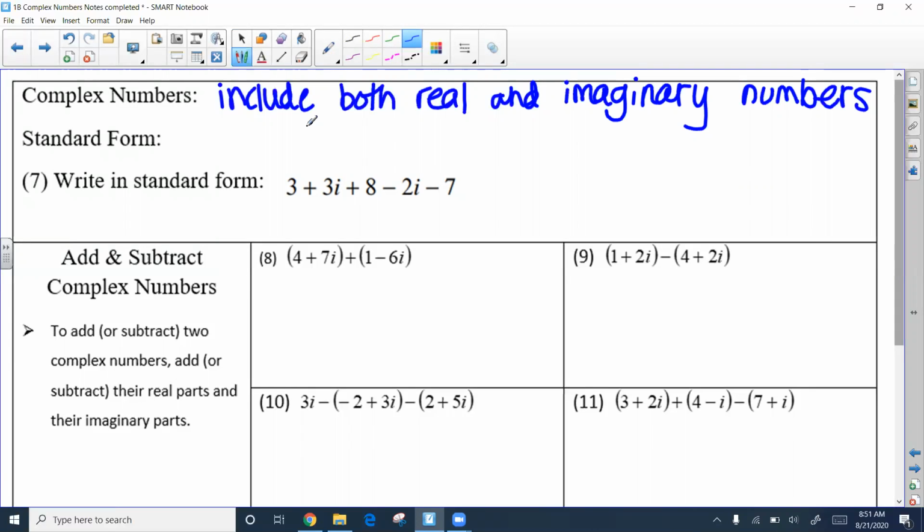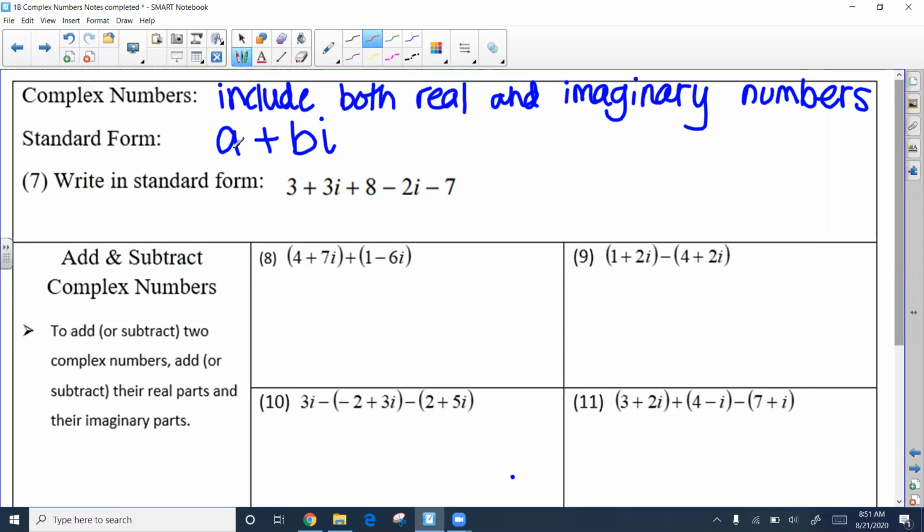Now, standard form for a complex number is in the form a plus bi. So make sure you write down what standard form looks like. Standard form is a plus bi.